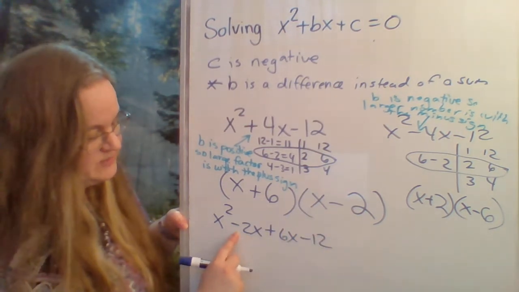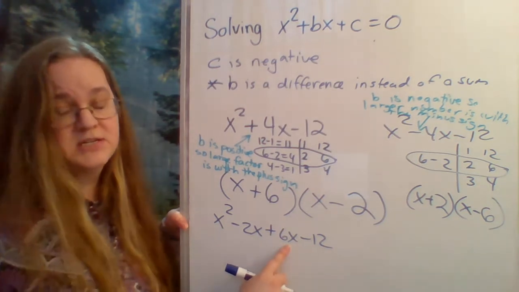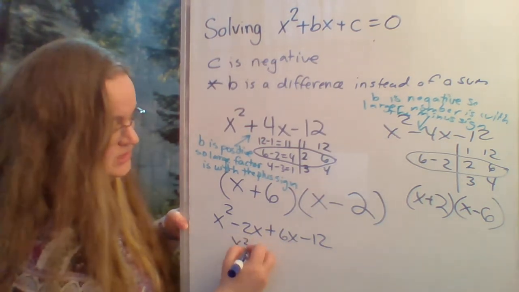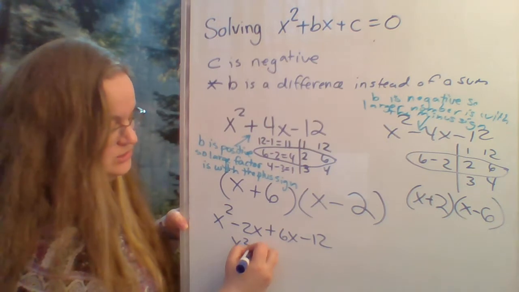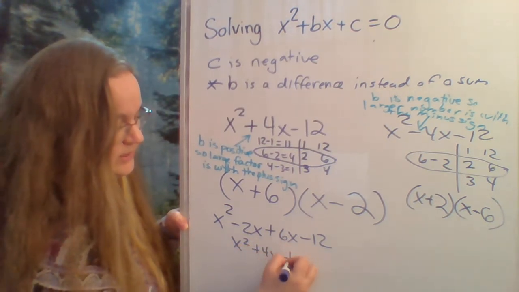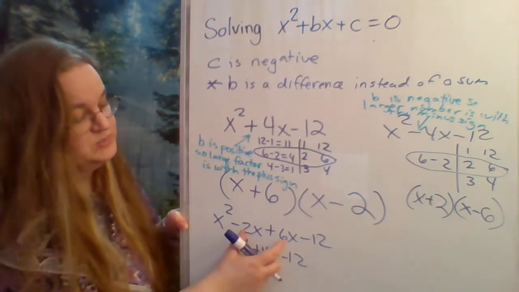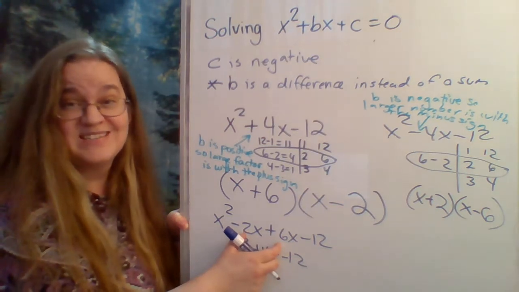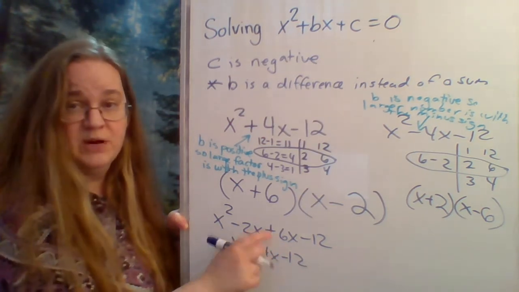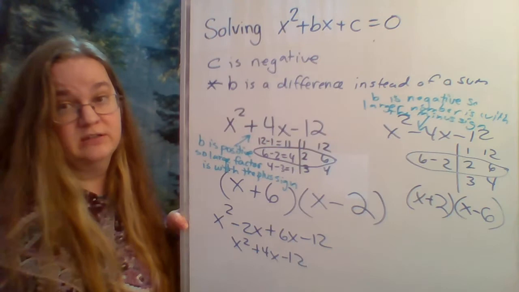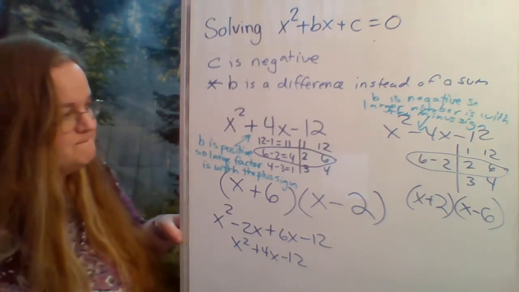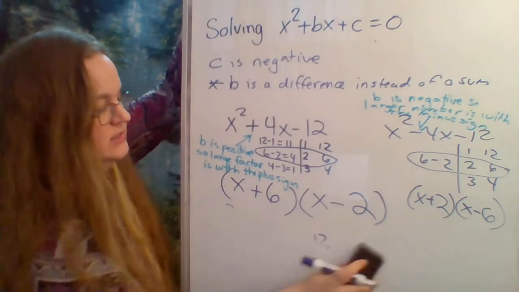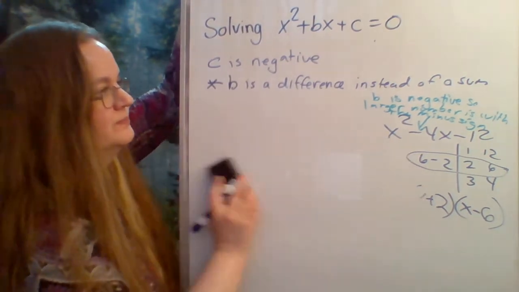What happens is I've got a negative 2x and a 6x. So when I combine like terms, I'm really doing 6 minus 2, which is 4. And that's why we do a difference, because they're going to end up as opposite signs. One's going to be positive and one's going to be negative. So effectively, we're subtracting them. Okay. All right. So let's take a look at another one of those examples.